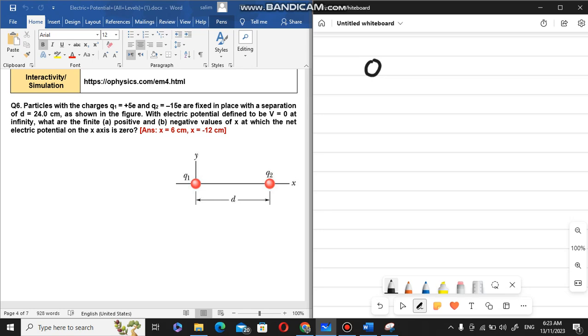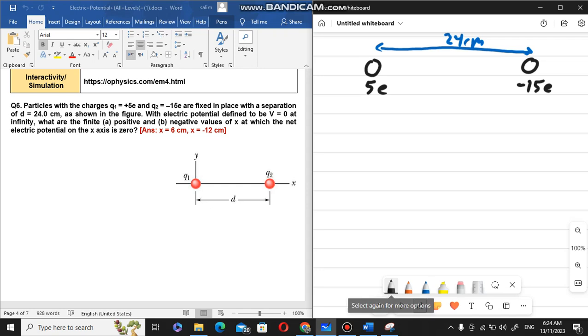So here Q1 is 5e, Q2 is given as minus 15e. They're separated by a distance d, here given as 24 centimeters. So we need to find an equilibrium position, one time inside and one time outside.